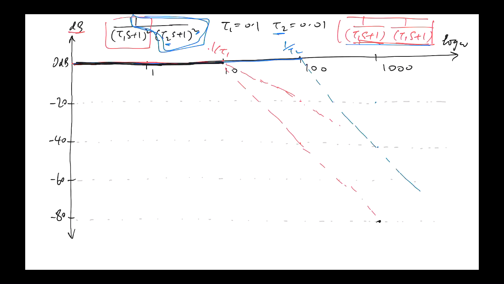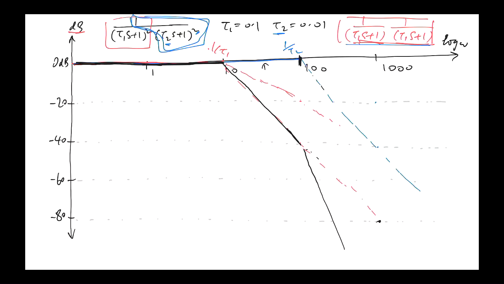It starts kicking down at minus 40 dB per decade. This stuff here is still 0, that's why we're just following the red line. But beyond this frequency here, we're now adding to this line this, which is going down. And so it'll start going down now at minus 80 dB per decade.